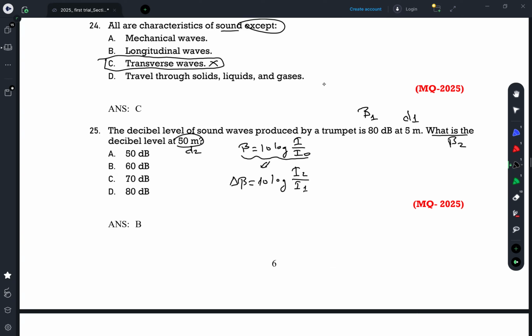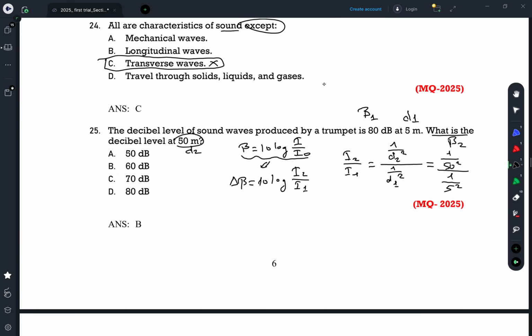I2 over I1 is going to be equal to, since we know I and D are inversely proportional, 1 over D2 squared over 1 over D1 squared. Now write them: 1 over D2, where D2 is 50, squared, divided by 1 over D1, which is 5 squared.